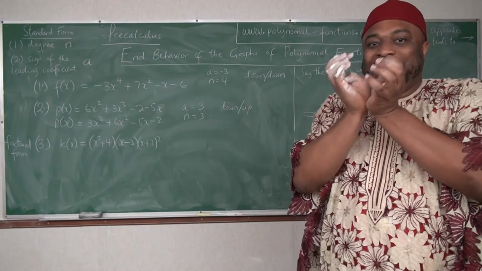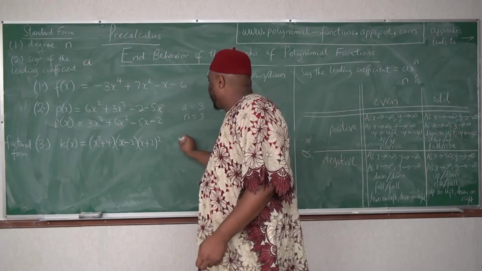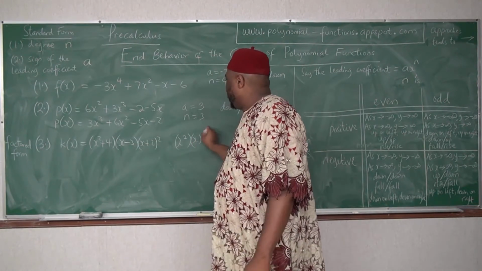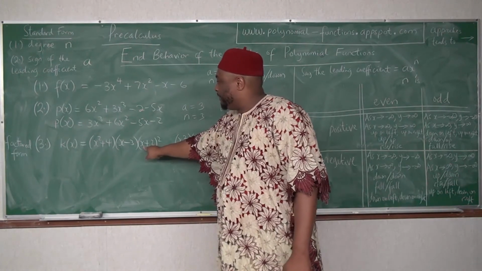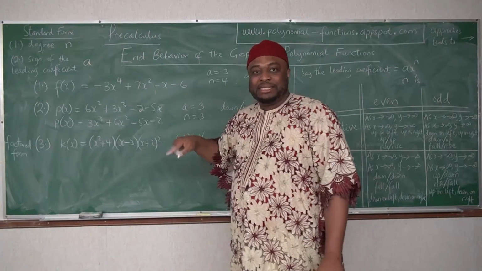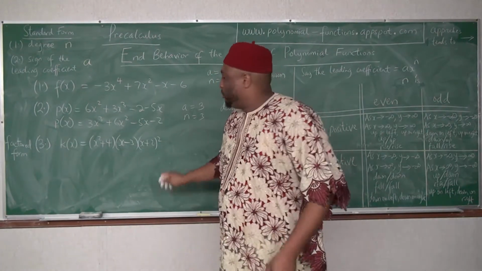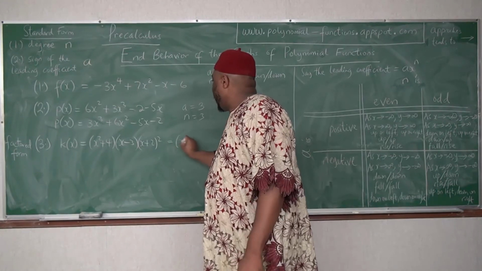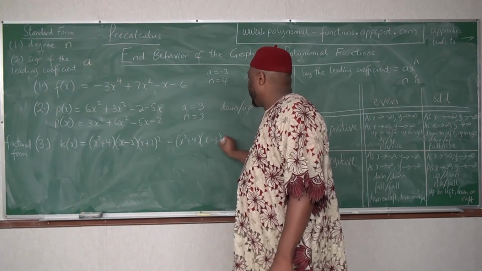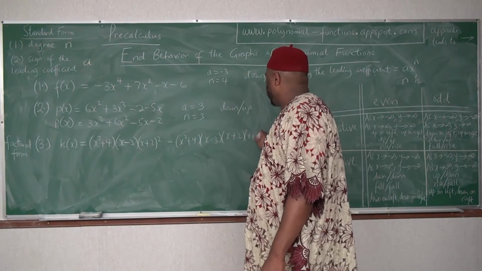Just look at the leading terms. This means x squared plus 4 times x minus 3 times x plus 2 times x plus 2.